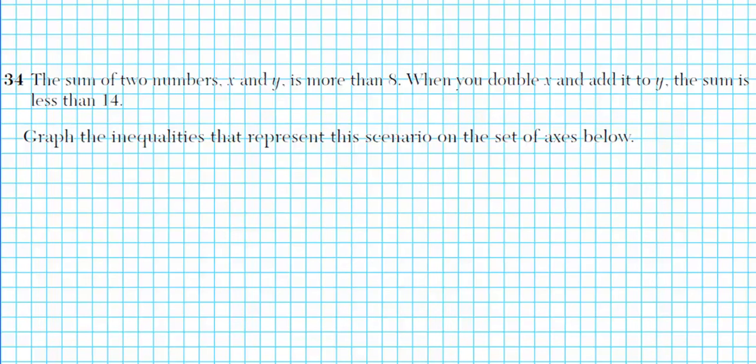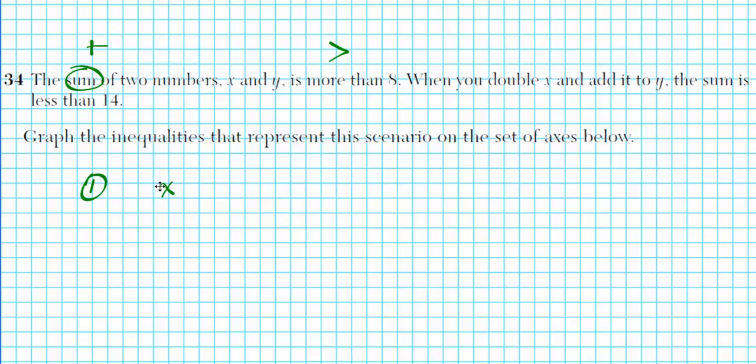So let's take a look at the two equations. So equation one, we're going to do that one in green. The sum is more than 8. So we know what inequality more than represents. More than is greater than. Okay, there's no equal there. It's more than. Sum operation sign is plus. So the sum is more than 8.